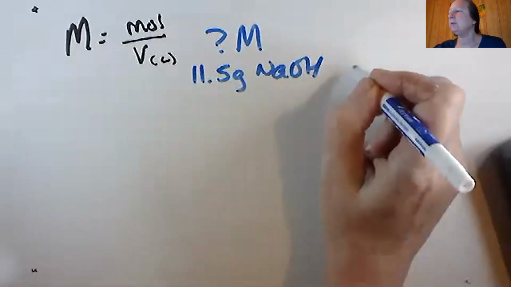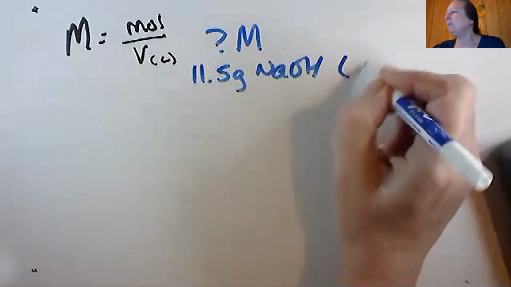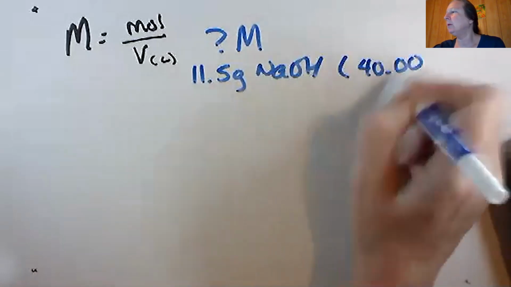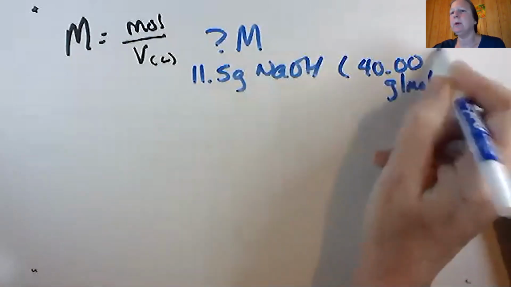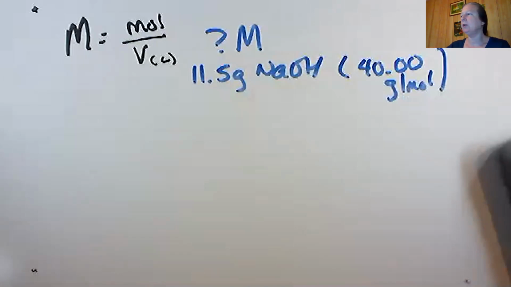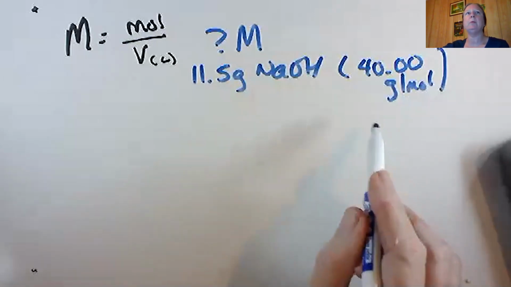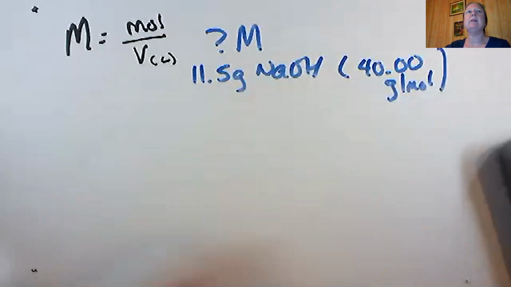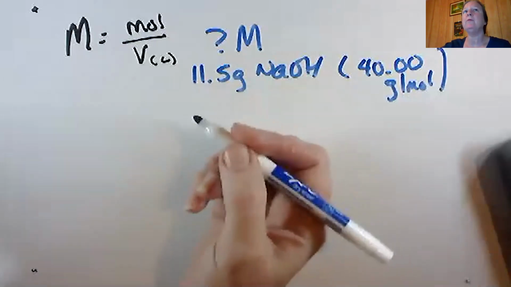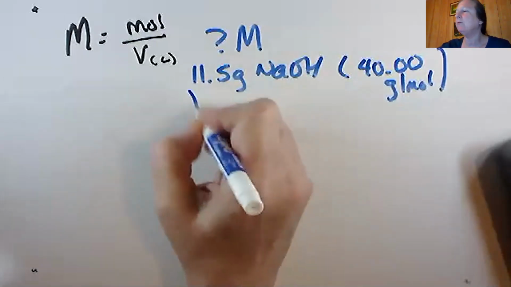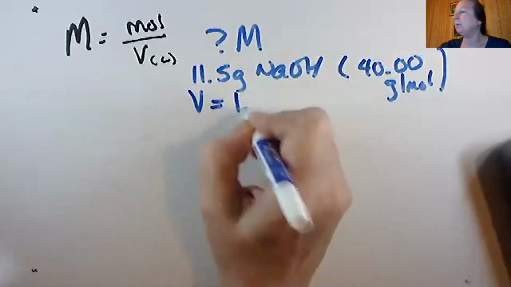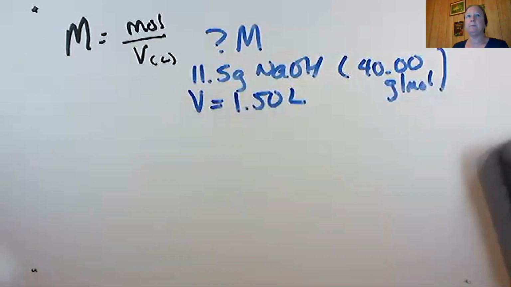And it gives us the molar mass, which is convenient. Otherwise, you have to add it up from the periodic table. So that's 40.00 grams per mole. And then it says enough water to make 1.50 liters of solution, which means my volume is 1.50 liters. Whenever you see enough water to make, that's because we bring the water up to that level after we've added our solute.